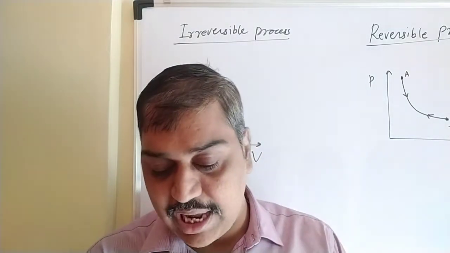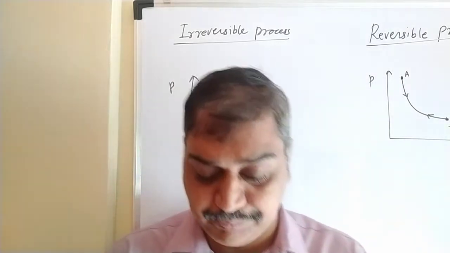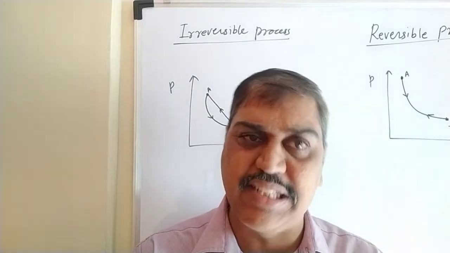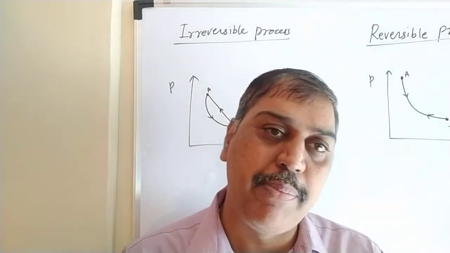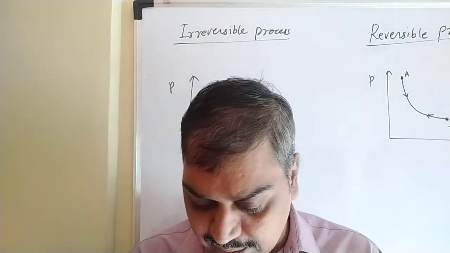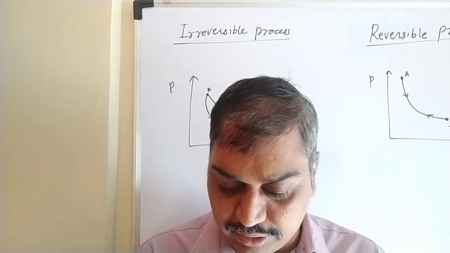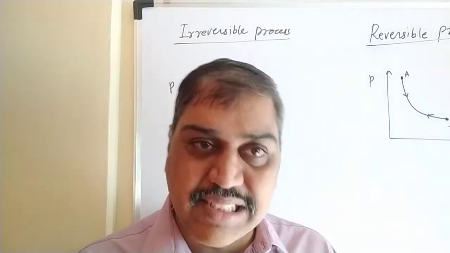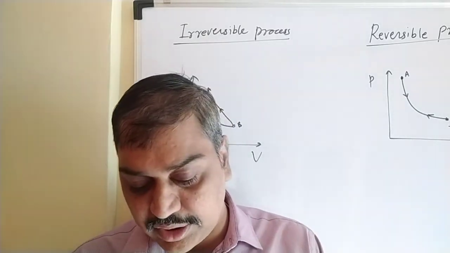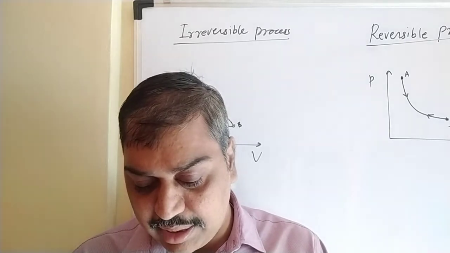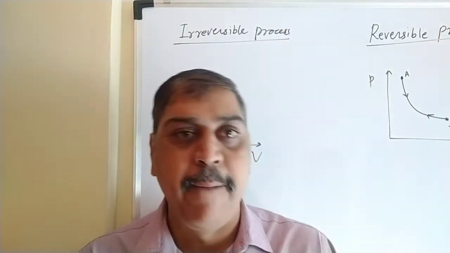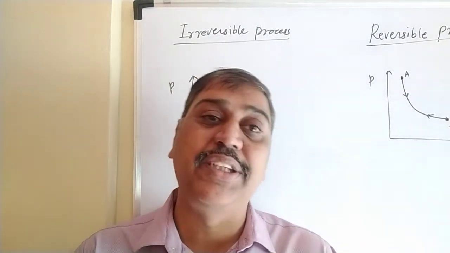Next, they have mentioned the assumptions for the discussion of thermodynamic processes. All the thermodynamic processes we are going to discuss further depend on three basic assumptions. The first assumption is that all thermodynamic processes we will discuss must be reversible and quasi-static processes.